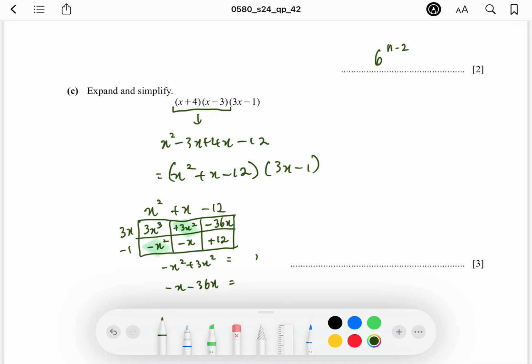X square, x square, x square. Minus 1 plus 3 plus... 2. This one is minus 37x. So, artinya 3x cube, the x square simplify jadi 2x square, the x simplify jadi minus 37x, and then plus 12.